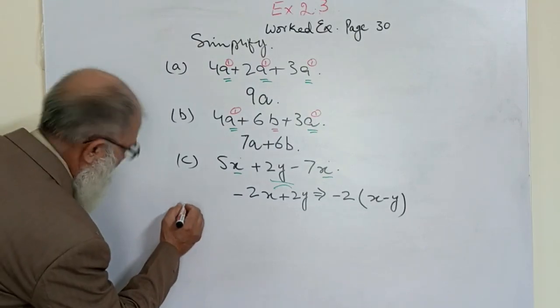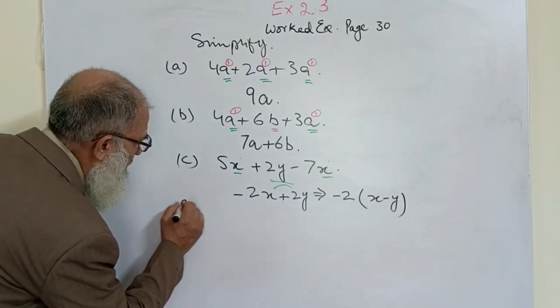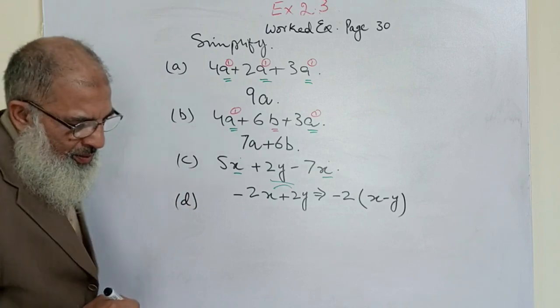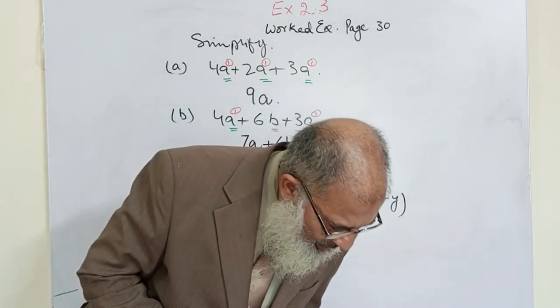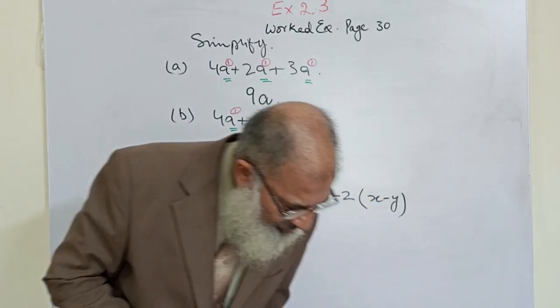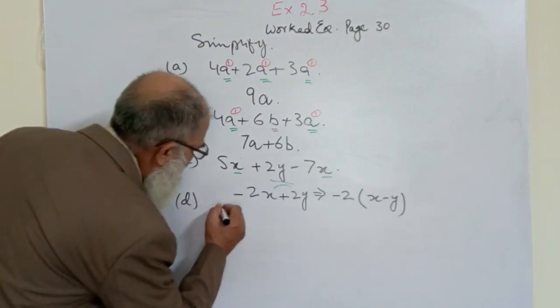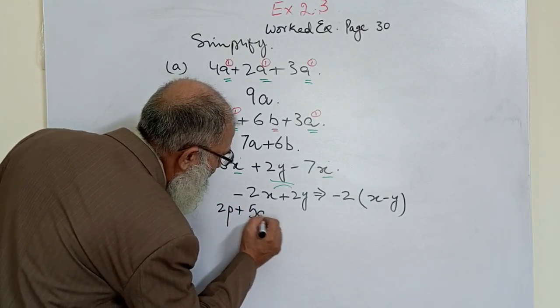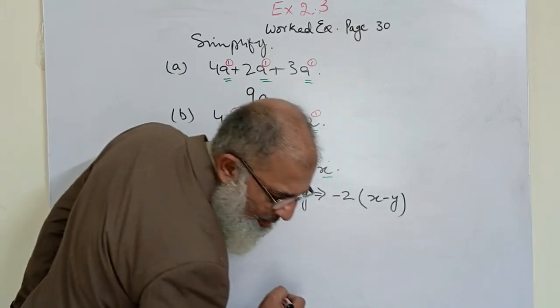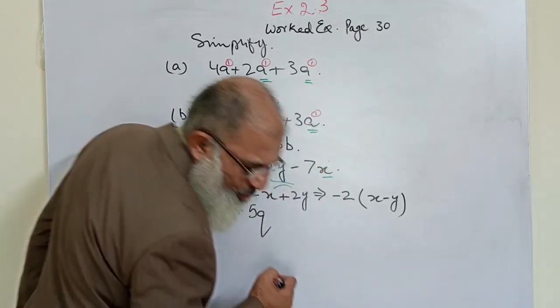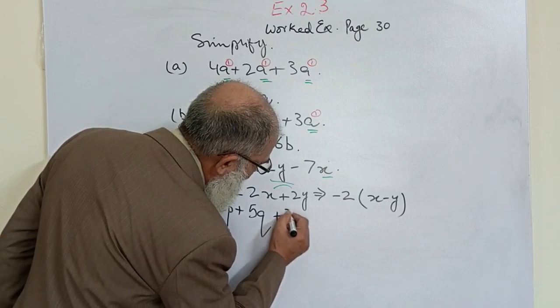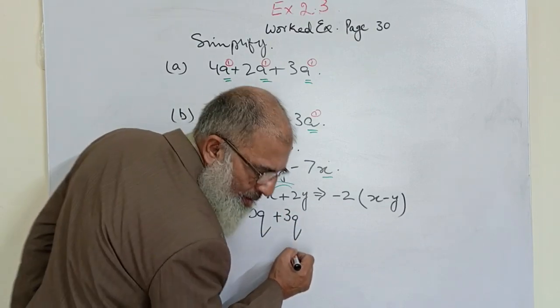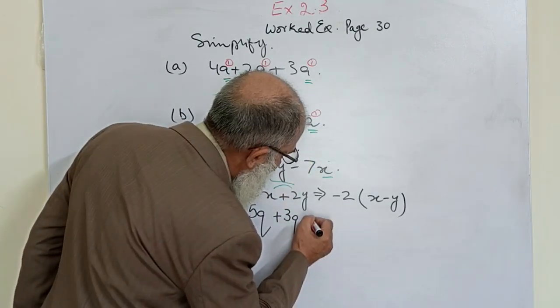Part D. 2p plus 5q plus 3q and minus 7p.